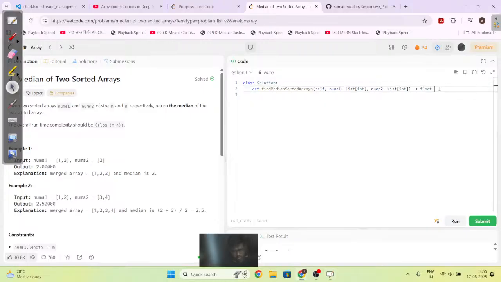Float, like it slash len, right? We write, and then I explain the code also, guys. Don't worry.